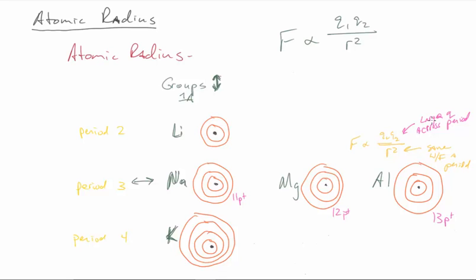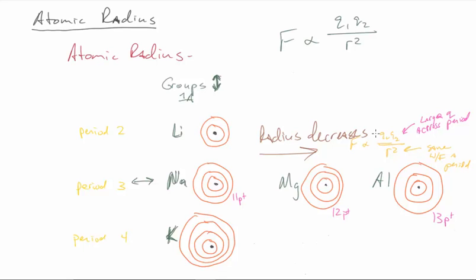We all know how magnets act: the larger that attraction, the more those electrons get pulled in onto the nucleus. So the radius will actually decrease as I go across the period. Here we're going to put: radius decreases across a period. It has to do with the fact that the nuclear charge grows, that force of attraction grows as I go across a period, and those electrons get pulled in tighter and tighter to the nucleus.